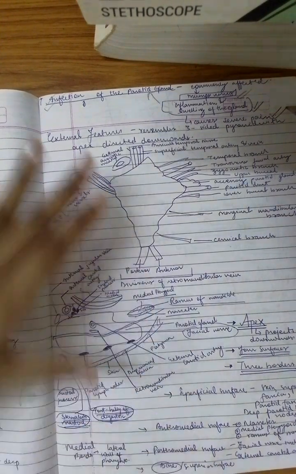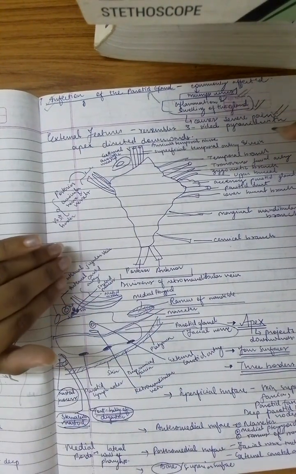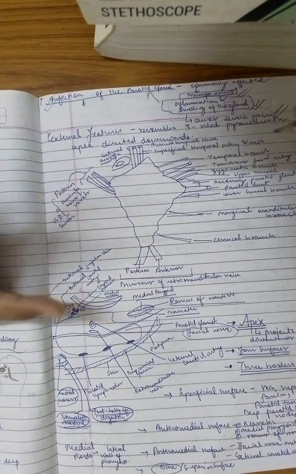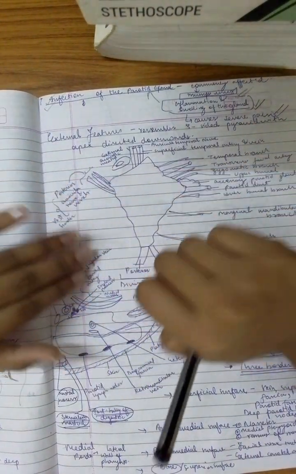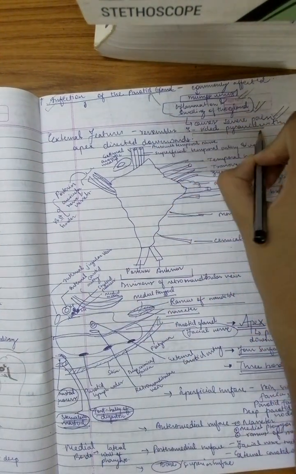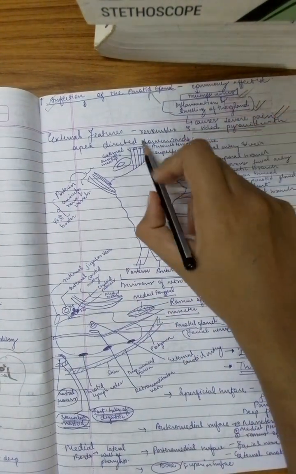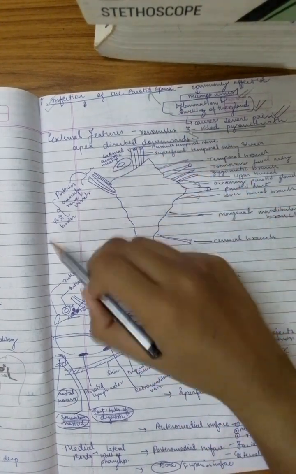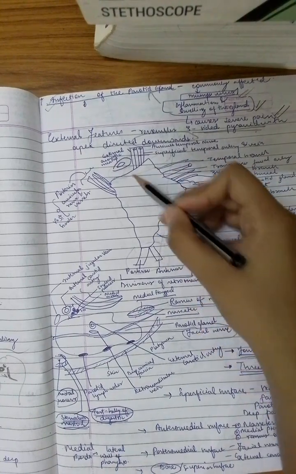I will be doing the external features of the parotid gland in detail in the next video, but I will give you a gist of how you are going to remember this. First of all, this is a three-sided pyramid where the apex is directed downwards. So this is the apex, this is the base region, and this is how the pyramid is.